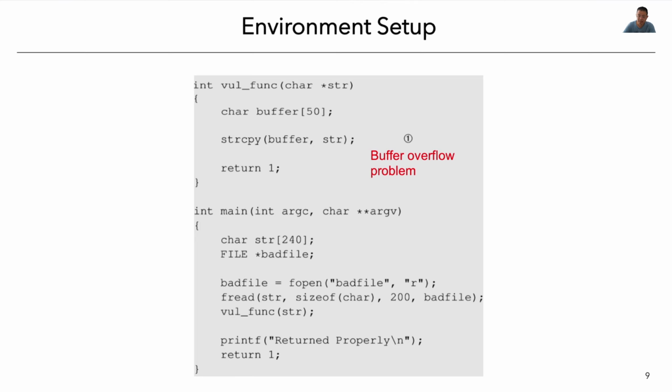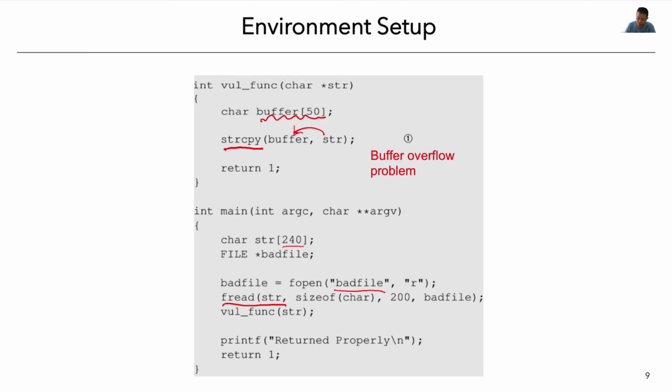So here is the vulnerable program. We have a main function which has a buffer of 240 bytes. Then we open the malicious input and read this input into the buffer. Then we call the vulnerable function, which has a buffer of 50 bytes and does a string copy from the input buffer. Now it can overflow the return address, right?